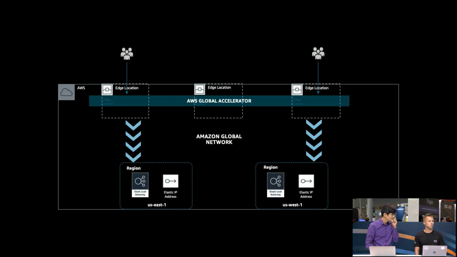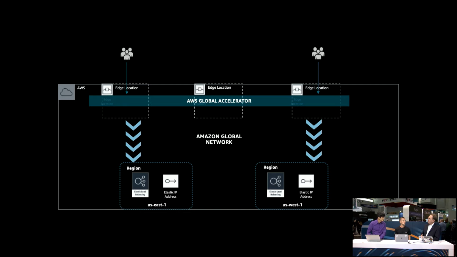Indeed, and Global Accelerator is a great way to leverage that global network by routing the traffic to the endpoint that is closest to your user. So your traffic remains on the global network as much as possible. It is secure while it's on the global network, and then the traffic gets routed to that endpoint.